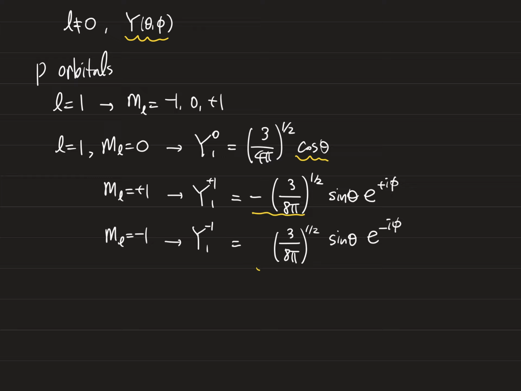Actually the number doesn't really matter here because it is just a normalization constant. If you integrate sine theta multiplied by exponential i phi, then you can obtain that value, so it doesn't really matter.